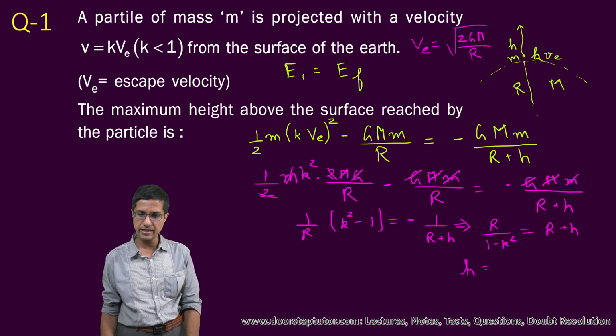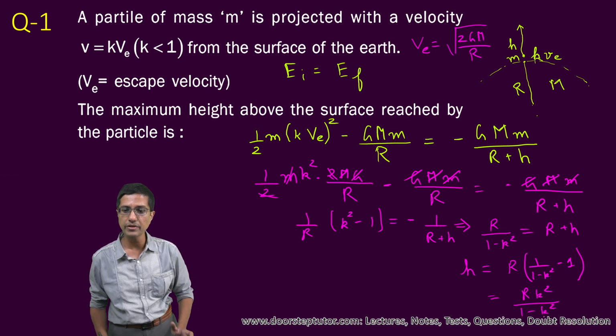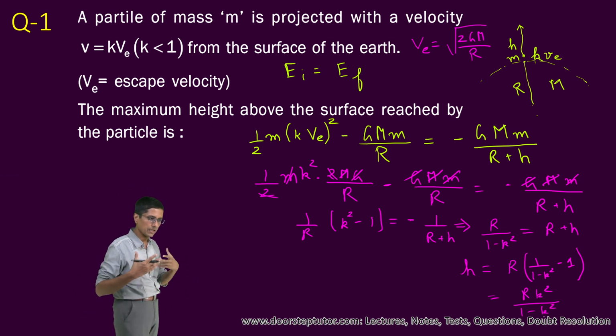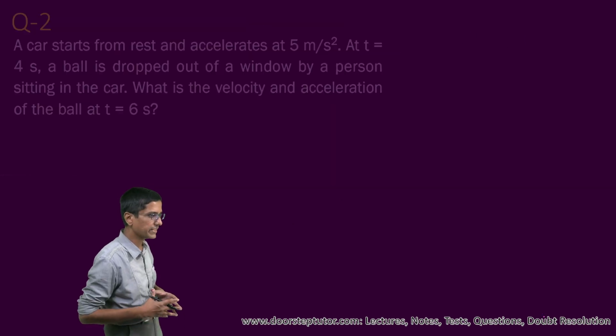In other words, h would be equal to r into 1 minus k squared minus 1. And if you simplify this further, h will come out to be r k squared upon 1 minus k squared. That is the answer. So there will be 4 choices given to you here, of course, but we will be just solving the question ourselves. Now this is the second question.